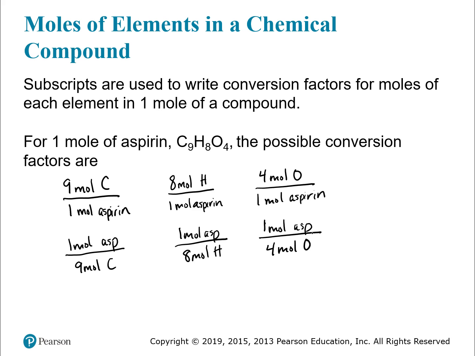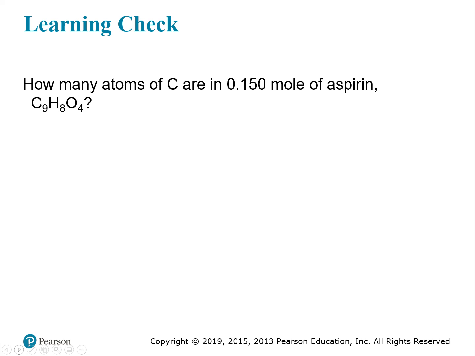And since we can write conversion factors to talk about the number of moles of each element in this compound, that means, you guessed it, we can do some math. How many atoms of carbon are in 0.150 mole of aspirin? Our given information, the number, is moles of aspirin.